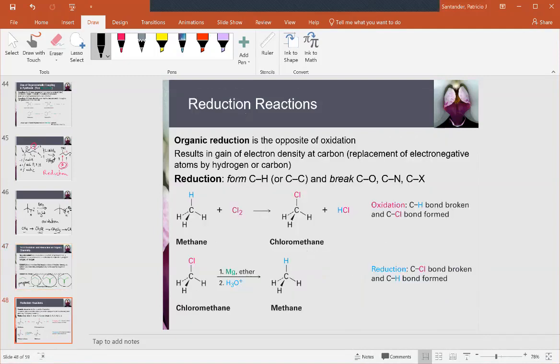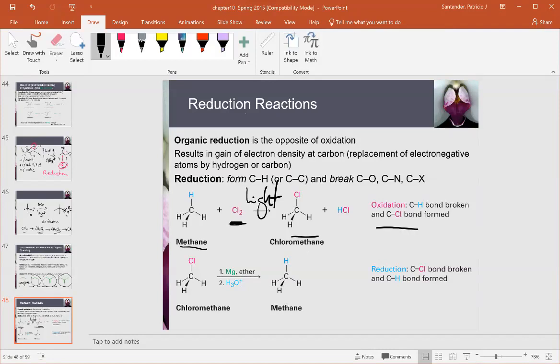Let's see another couple of examples. Here we go from methane, reaction with chlorine and light. So that will give me chloromethane, so that is an oxidation. And the other example we have here, chloromethane, you react that with magnesium in ether.